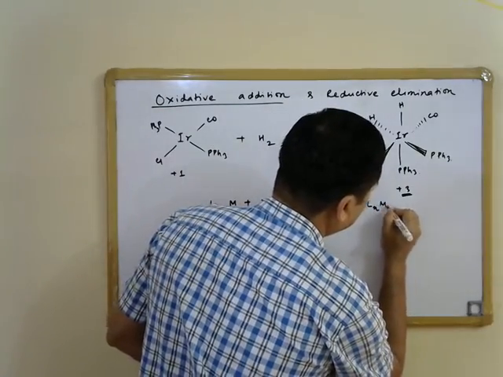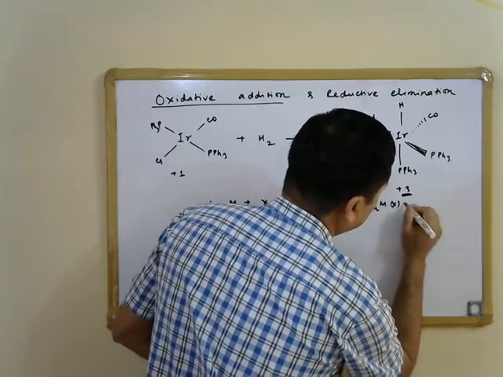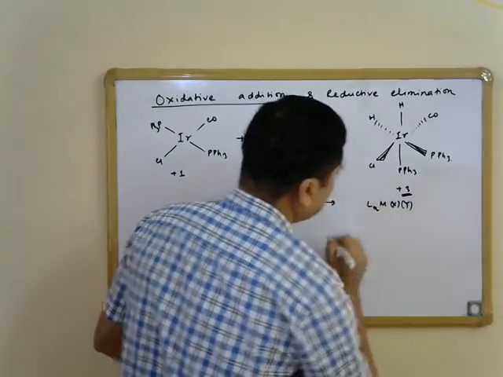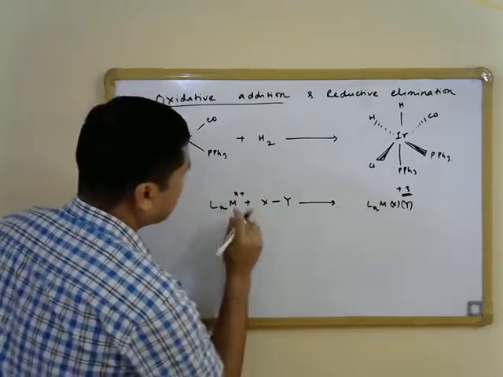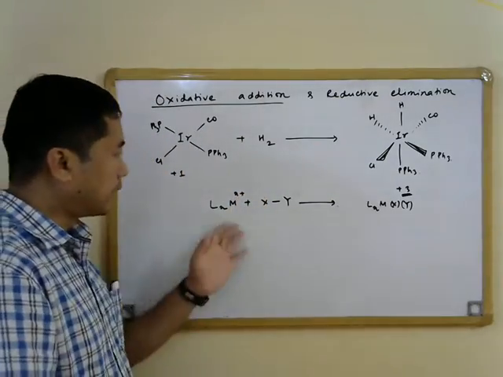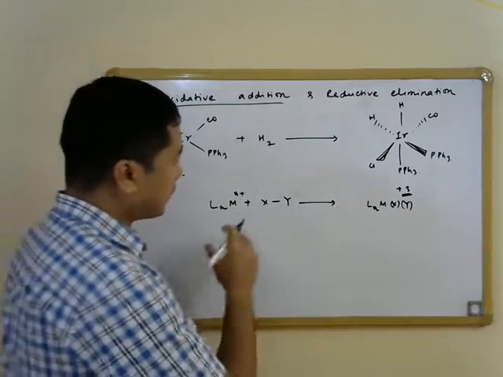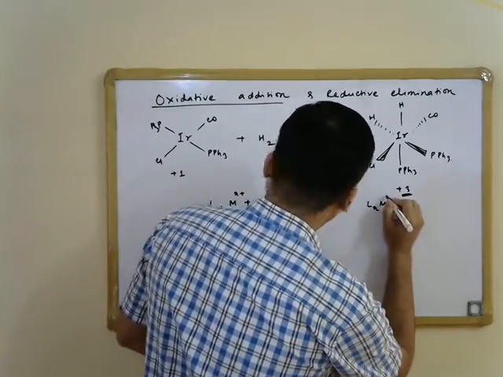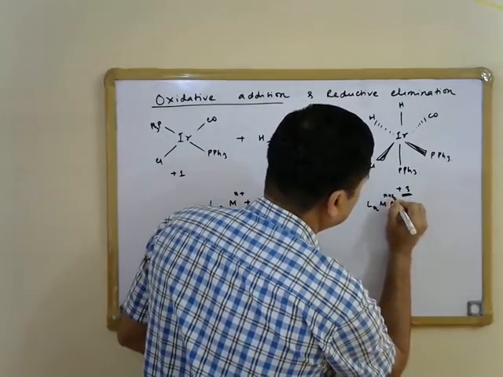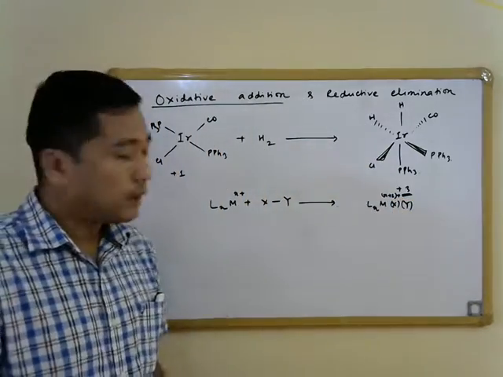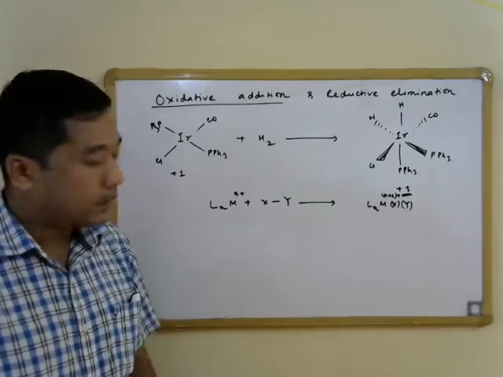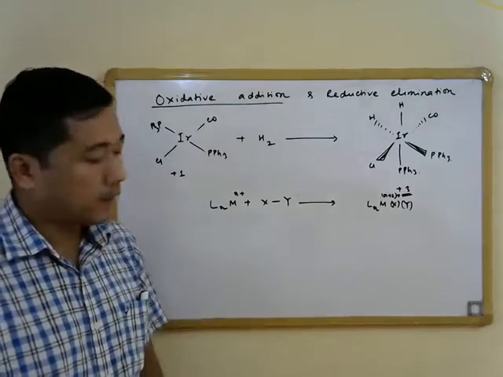So LnM(X)(Y) is the new complex that is formed, and if M was in the n+ oxidation state before the reaction, it is going to become the n+2 oxidation state after the oxidative addition reaction.